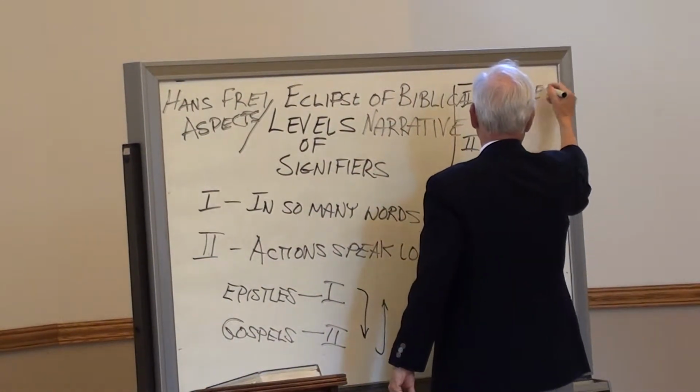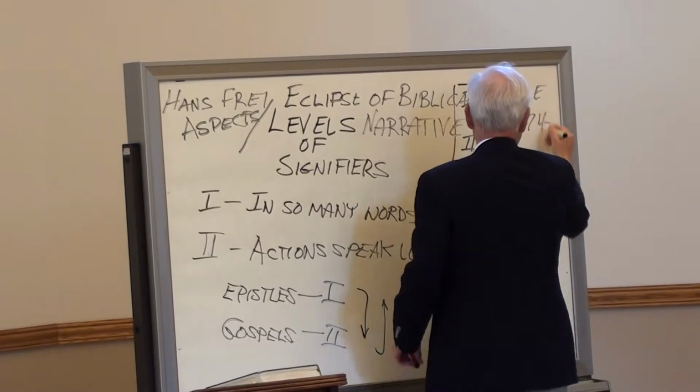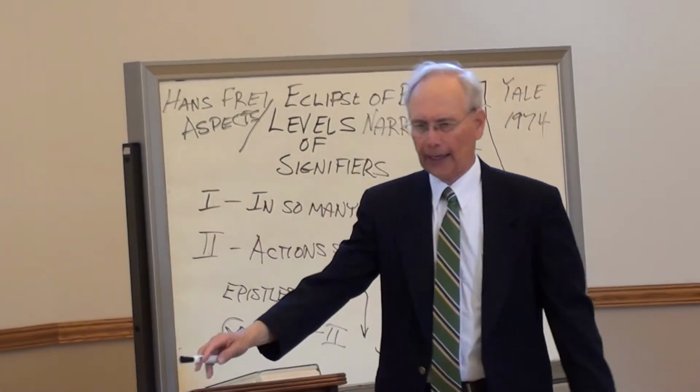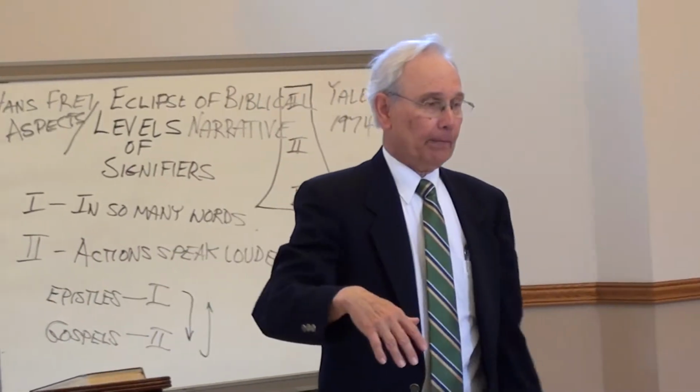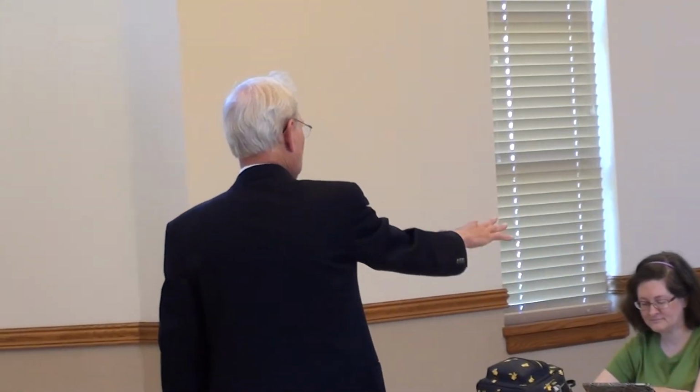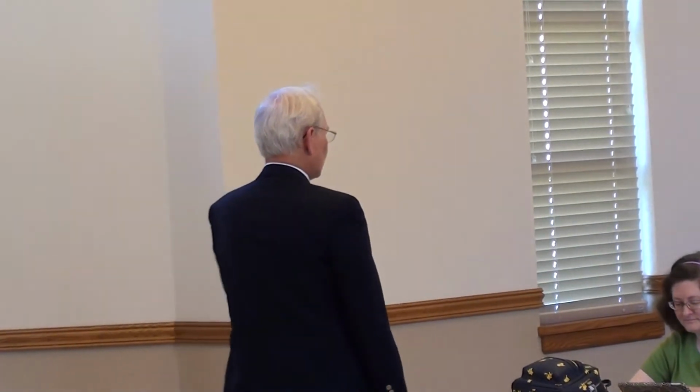Yale, 1974. The idea of this book, and why he calls it that, is that the narrative, the story of the Bible, and he's looking at the New Testament basically, has become eclipsed by trying to figure out what stands behind the narrative.